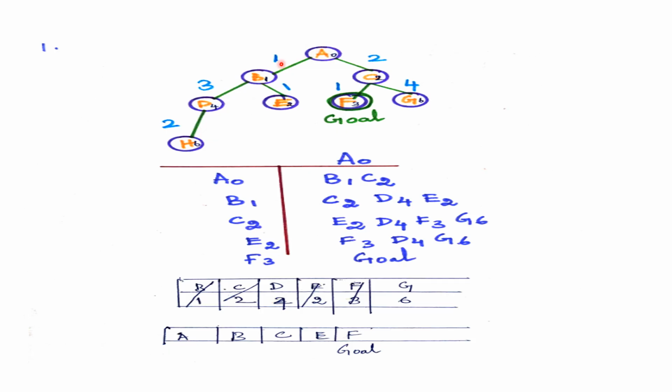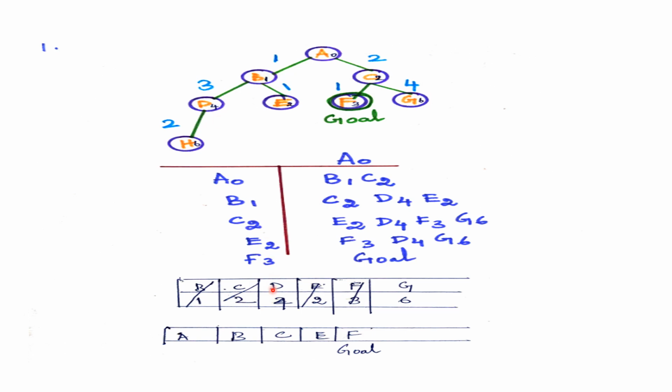From A to B the path cost value is 1 and B to D the path cost value is 3, so 1 plus 3, the value will be 4. That's why D value will be 4. If you take the D value as 3, you will not be able to solve the problem. Mistakes are going to happen. So this part is very important. A to B is 1, B to D is 3.